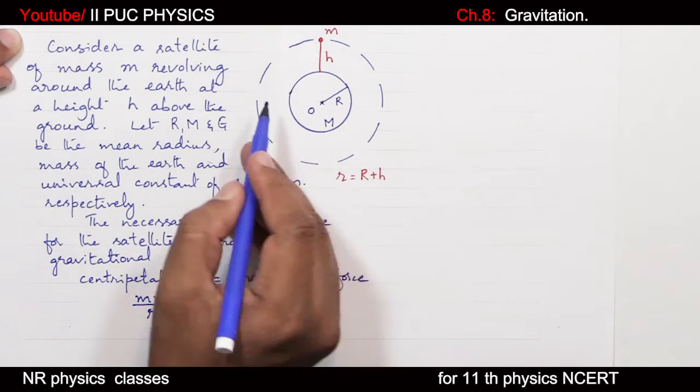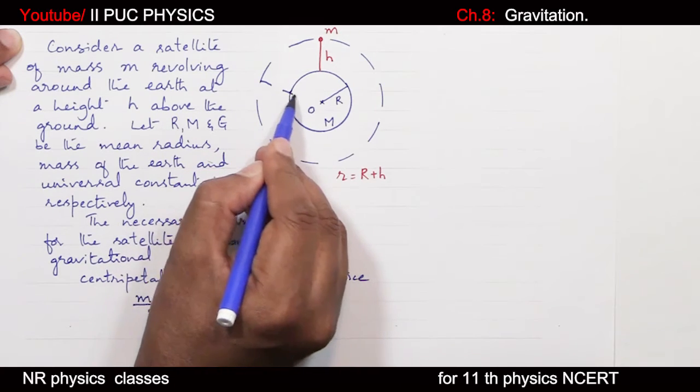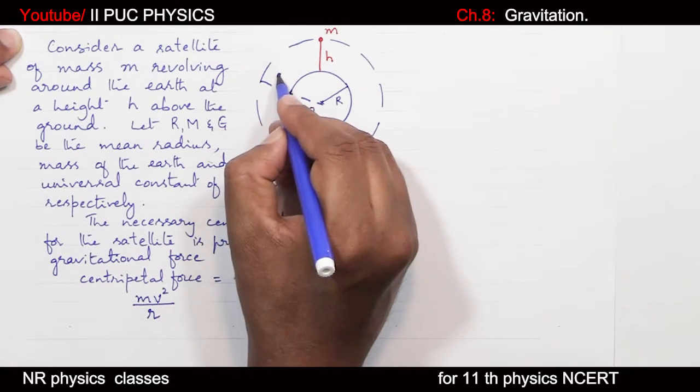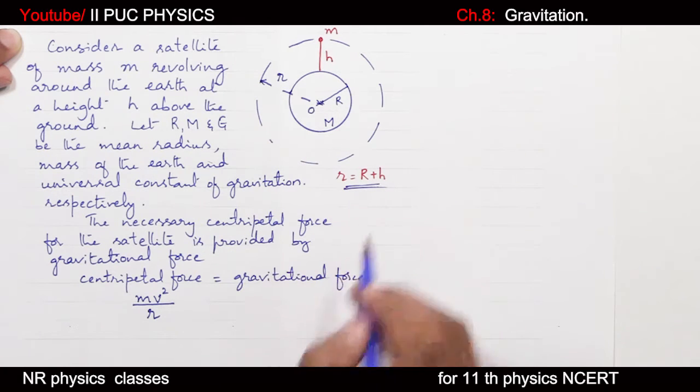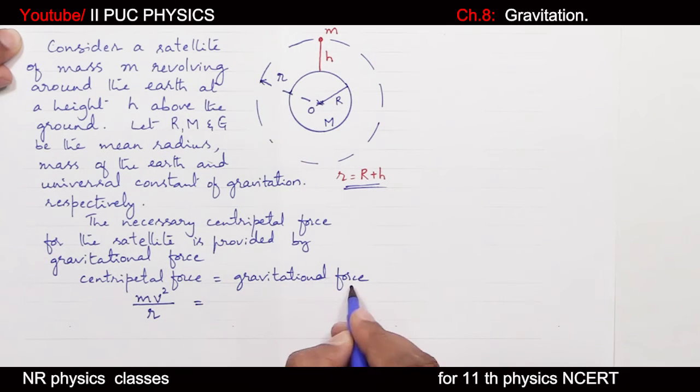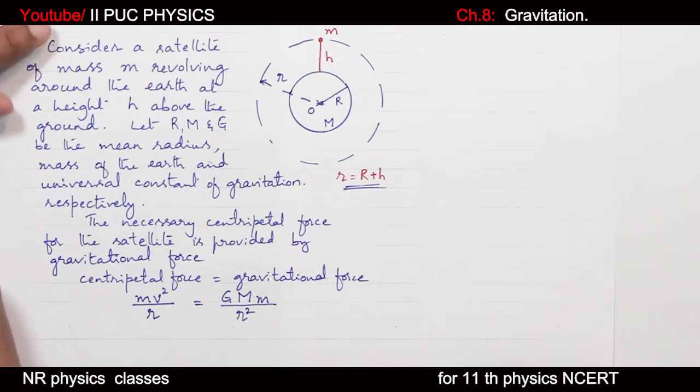So in this case, this is small r, and this r is R plus h. Equal to gravitational force, capital G constant, mass of the Earth, mass of the satellite divided by r square. And this velocity is orbital velocity V0.